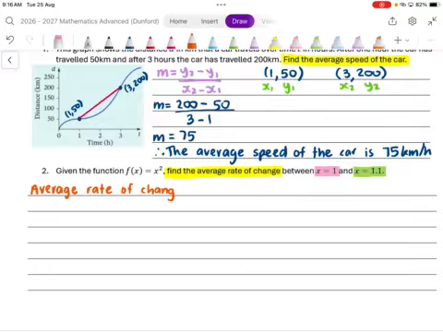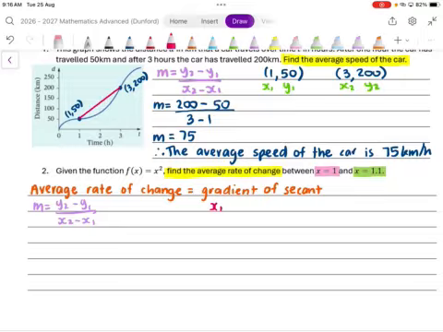So whenever you're asked to find the average rate of change, you're asked to find the gradient of the secant. If you're ever asked just to find the rate of change, that means that we'll differentiate, which we'll talk about in the future. So to find the gradient of our secant, it's m equals y2 minus y1 over x2 minus x1.